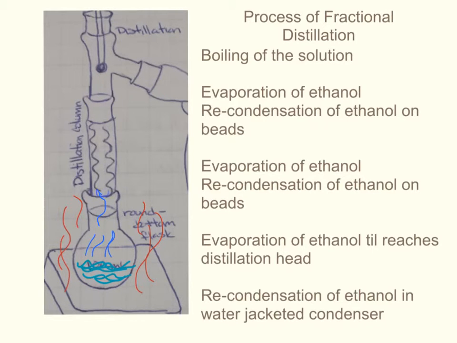The vapors condense on the beads until it heats up again enough to vaporize, and then it'll recondense, and then it'll vaporize and recondense on the beads, and vaporize and recondense until it reaches the top of the distillation column into the distillation head, will recondense in the water jacketed condenser, and it'll continue on down. This is what makes it multiple steps of multiple distillation during one distillation.